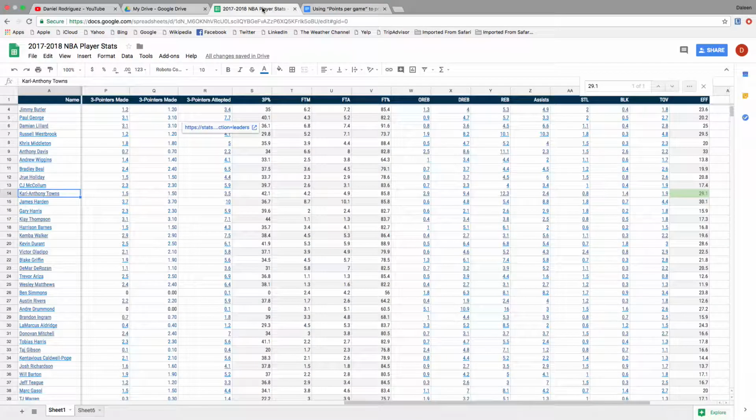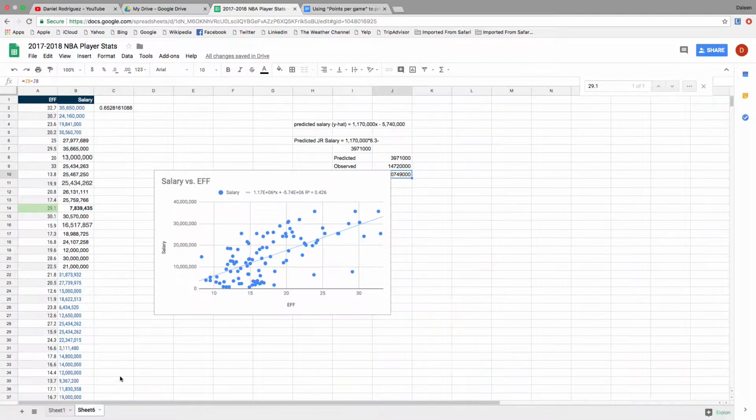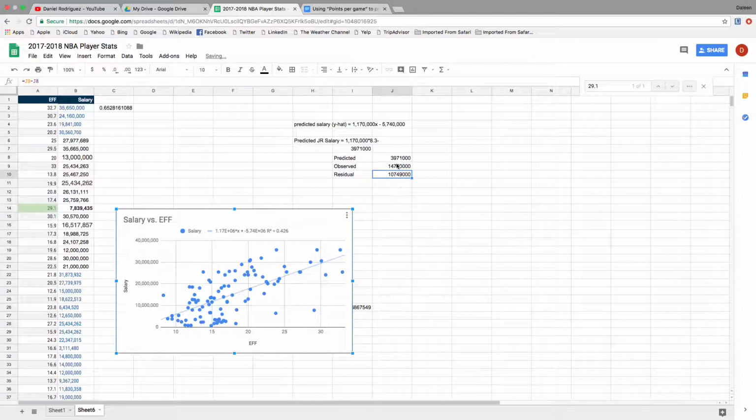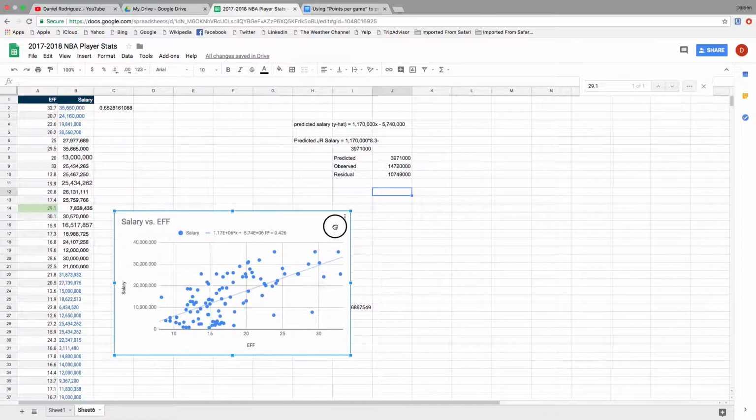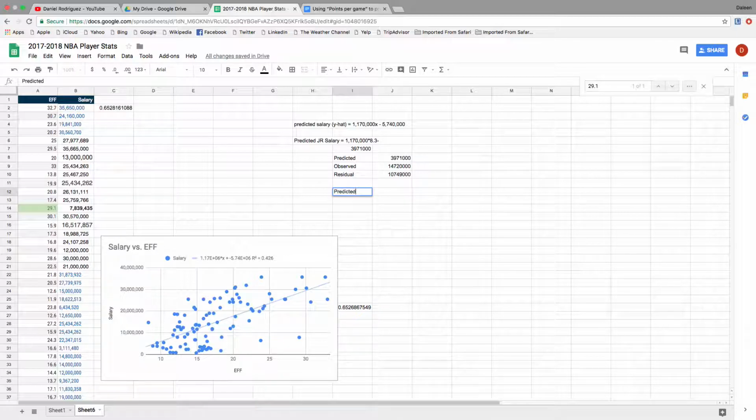So now what is his residual? We're going to do the same thing. To find his residual, his efficiency is 29.1. All right, so our model says the predicted salary is 1,170,000 times, remember no commas, 1,170,000 times the efficiency of 29.1 minus 5,740,000.